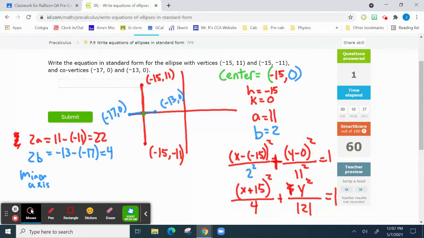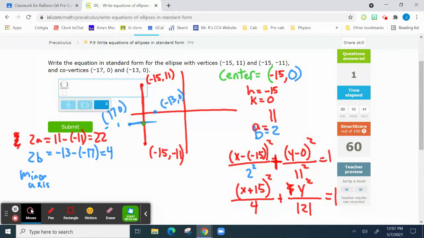And if it does, we'll jump a level, and if it doesn't, we'll figure out what happened. Grab the wrong thing. Here we go. x plus 15 squared over 4 plus y squared over 121 equals 1.